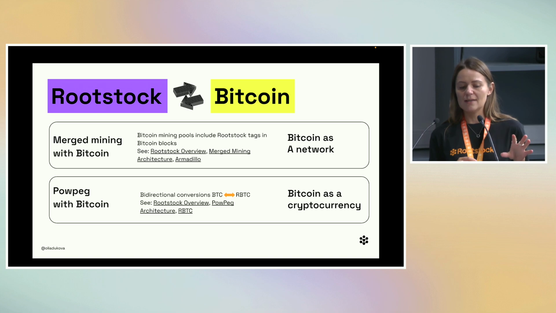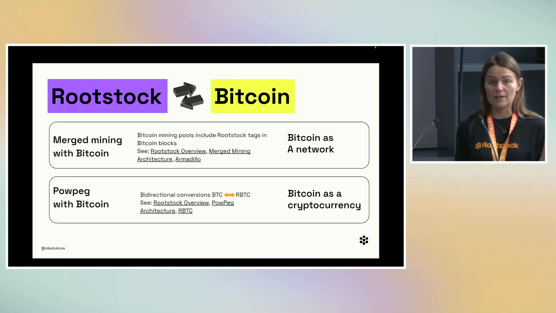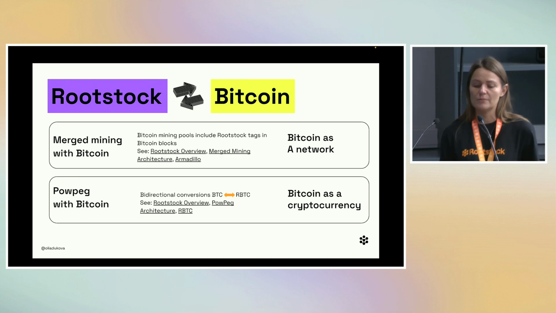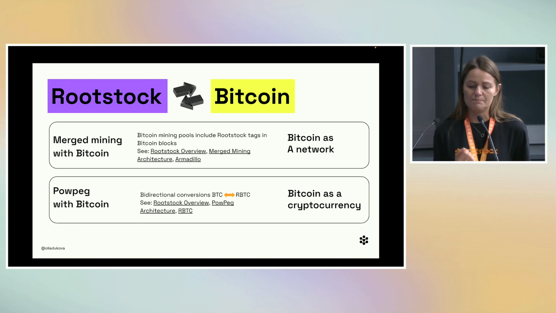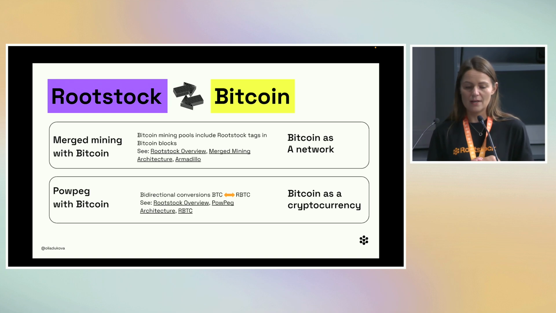The other way we can describe Rootstock's connection to the Bitcoin network is through cryptocurrency. Rootstock is not subsidized. We do not have a separate token. So the gas fees on Rootstock networks are paid in RBTC, which stands for Smart BTC. You can think of it as a wrapped version of BTC. The bridge used for that is called PowPeg, so proof of work peg.